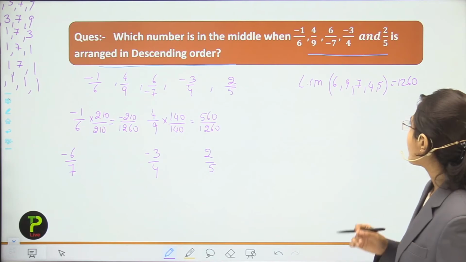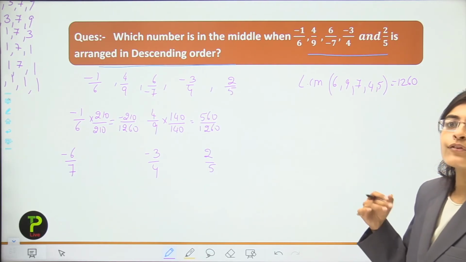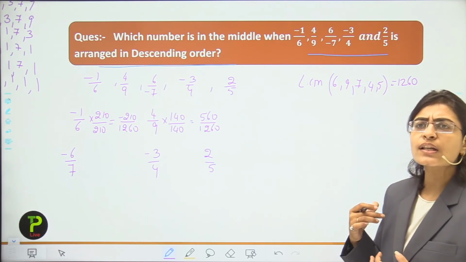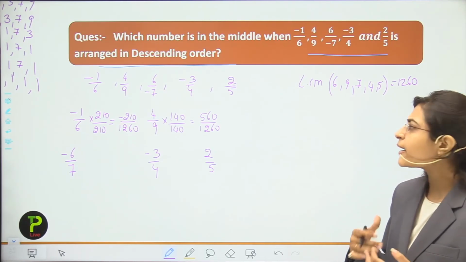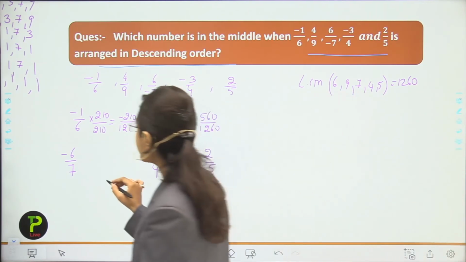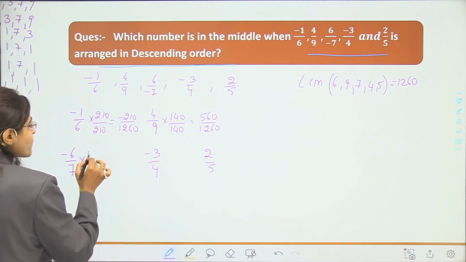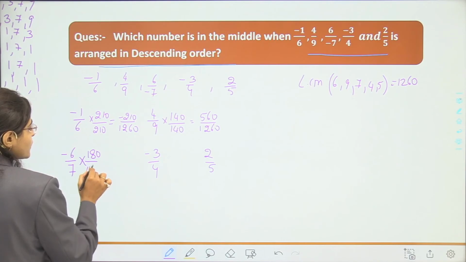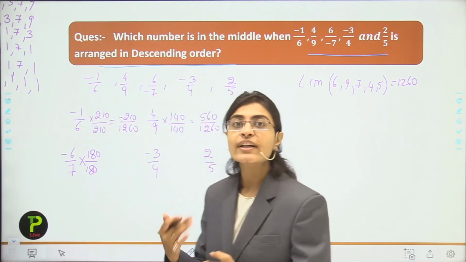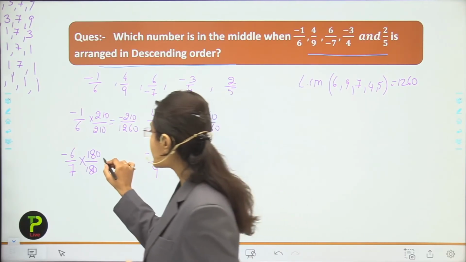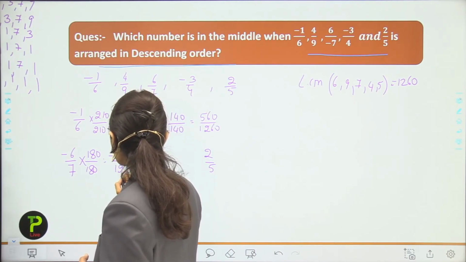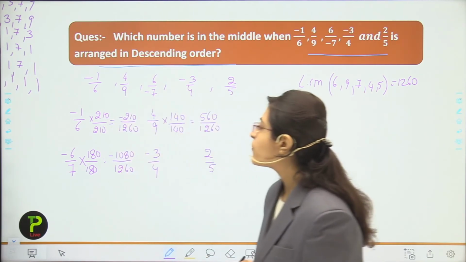Right. Now what I have to do? I have to make 7 as 1260. What should I multiply it with? 180. So multiply it by 180. So here 180 into 6 is 1080. So it will be minus 1080 upon 1260. Alright.